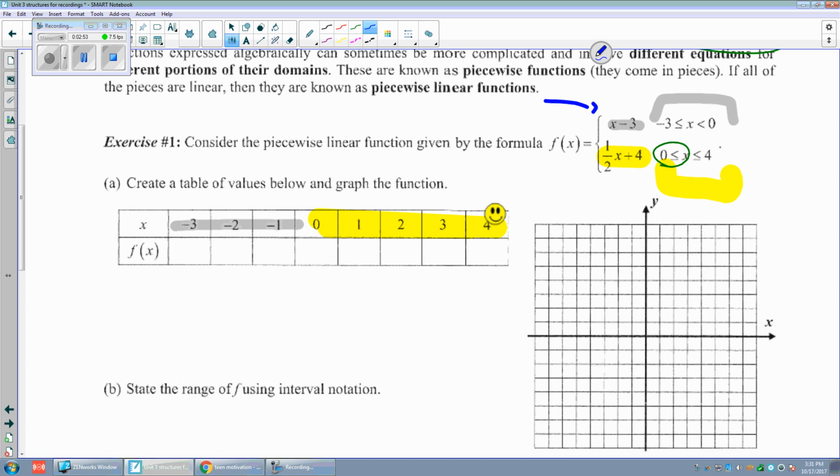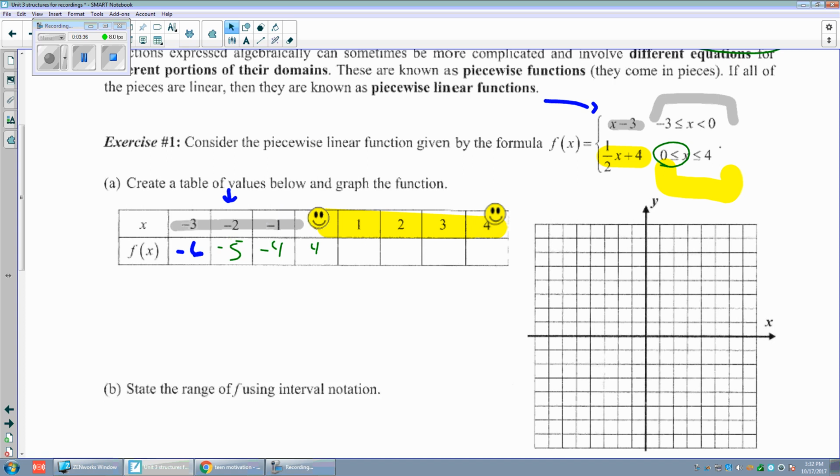So it's -3 minus 3, which is -6. -2 is the gray stuff, so -2 minus 3 is -5. -1 is the gray stuff. -1 minus 3 is -4. 0 is the goldenrod stuff. 1/2 times 0 plus 4 is 4.